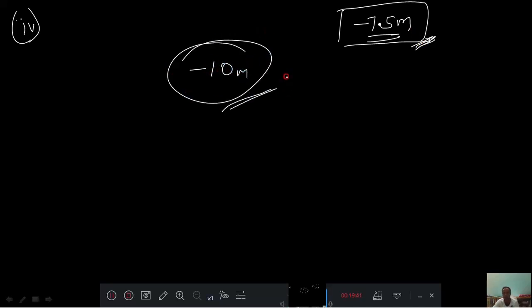That means a vacuum pressure of 7.5 meter for water is practicable; we can make a model, or otherwise we can allow this much pressure in the field. But here we are getting minus 10 meter, which means this is not practicable, and the problem will not be practically considered. That conclusion you can make.